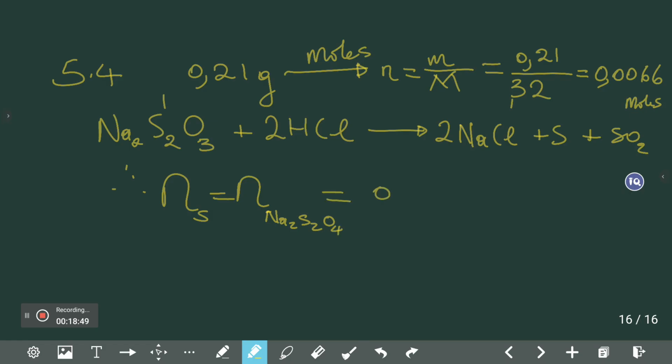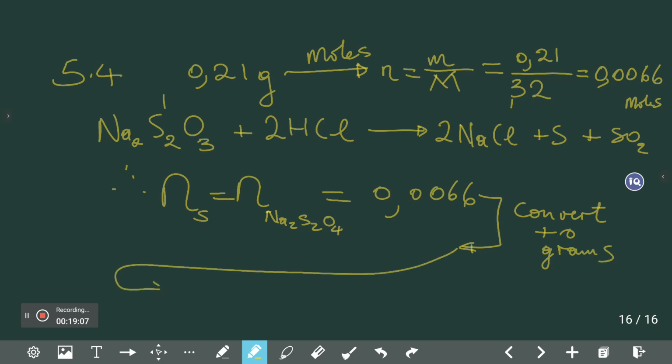When you convert to grams, how do you do that? Mass is equal to number of moles times the molar mass. Let's do exactly that. Number of moles is 0,0066 times the molar mass.